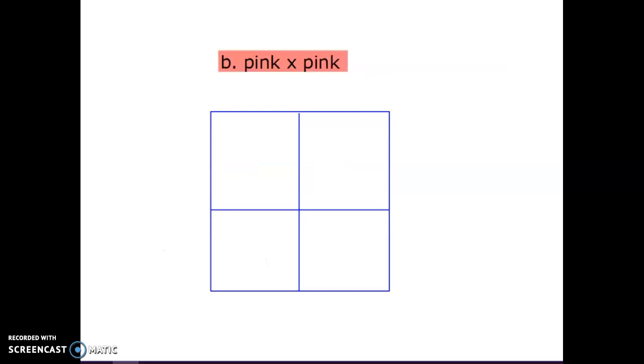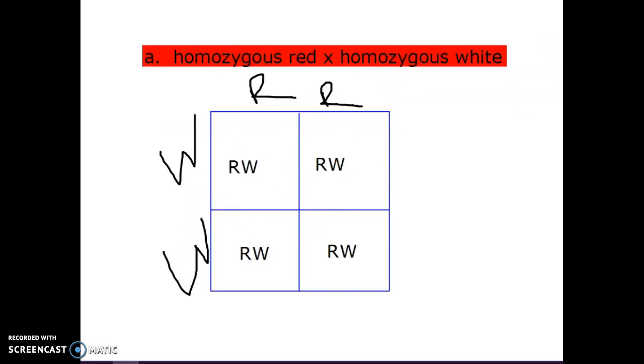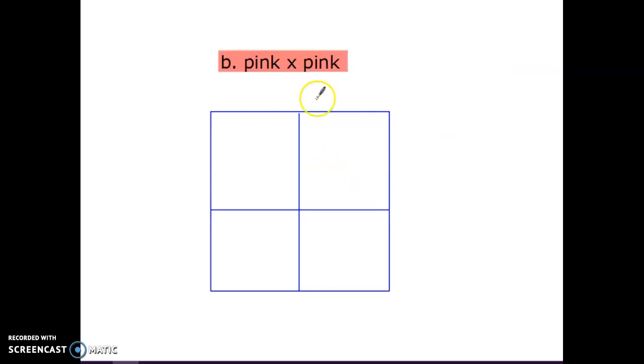All right, so now let's try pink times pink, because a lot of people, when they see a problem like this, would just put some P's up here and some P's over here and then end up with a bunch of pink ones. That's not actually what happens. What was pink over here was RW, right? So that's what we need as the genotype here. RW times RW.